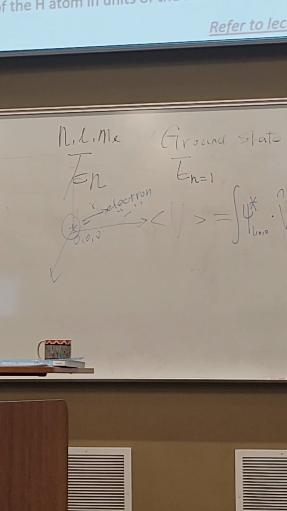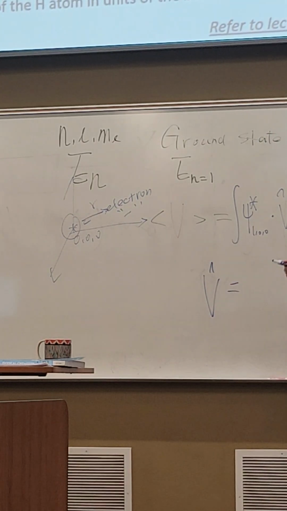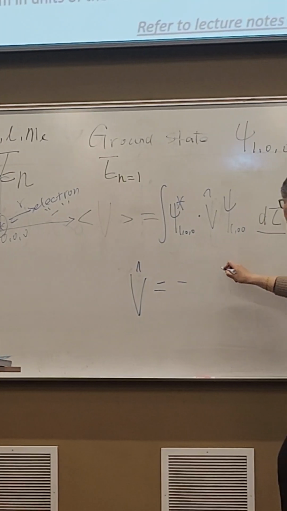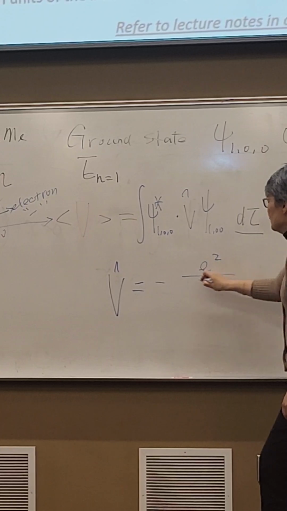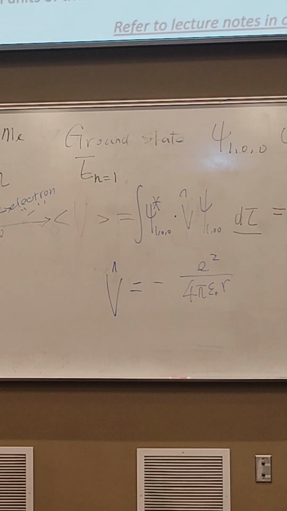So then what is our potential energy operator if it's a Coulomb potential? So very good. It's e squared over... we went through this 2 or 3 times previously when we discussed this potential energy.